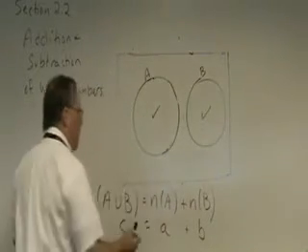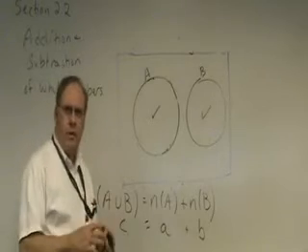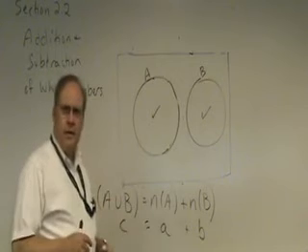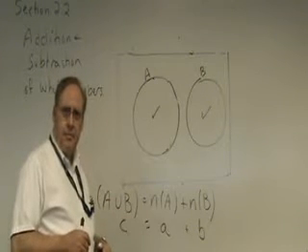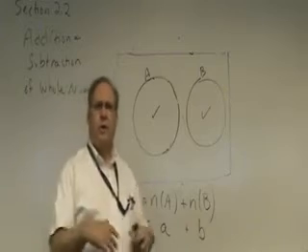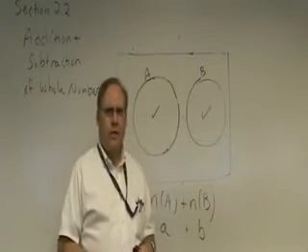First of all, if you're going to put sets together, remember, if you're going to put disjoint sets together, you're going to get a set. In fact, anytime you put any two sets together, you're going to have a set.